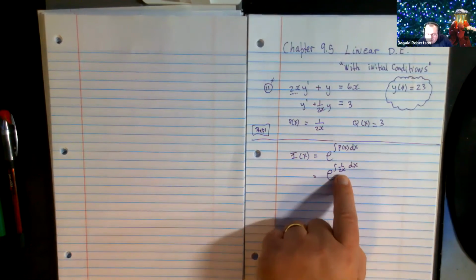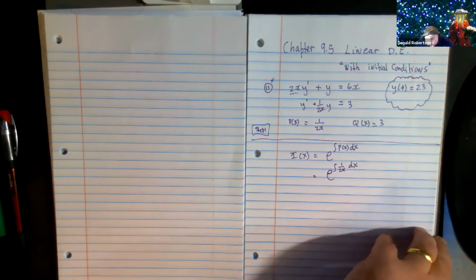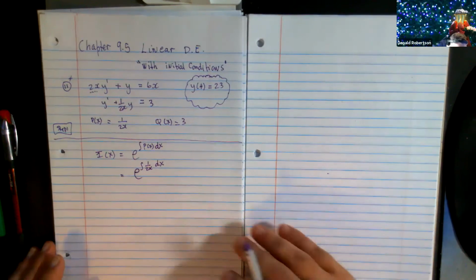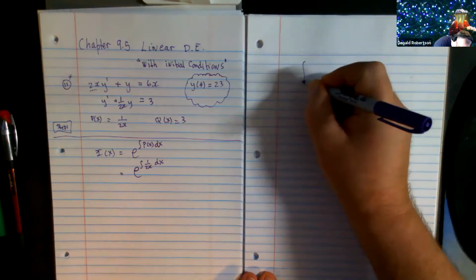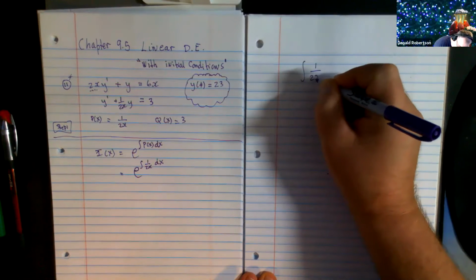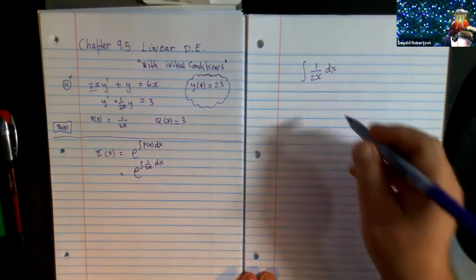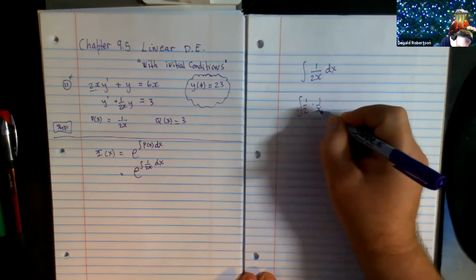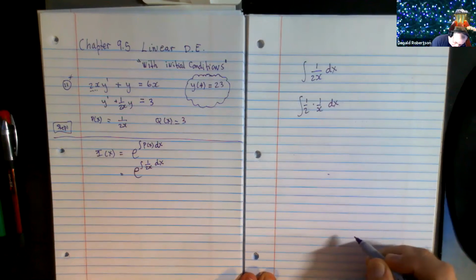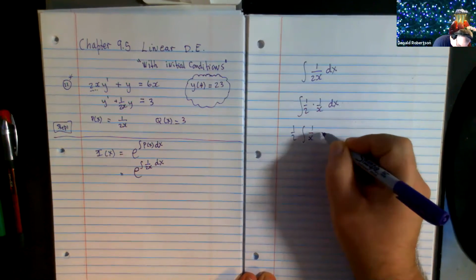This too isn't very remarkable, but it actually can cause all sorts of hiccups. So here's the problem. I want to find that. Now, if I rewrite it as 1/2 times 1 over x dx, if I pull out the half, I get that.